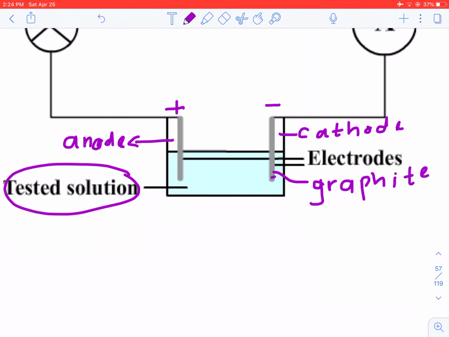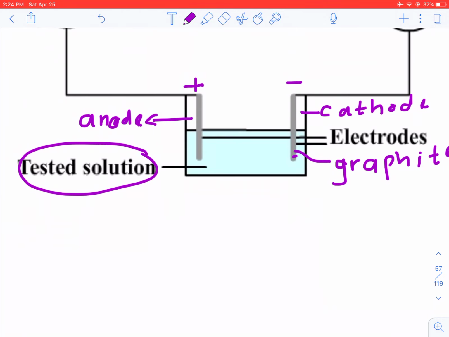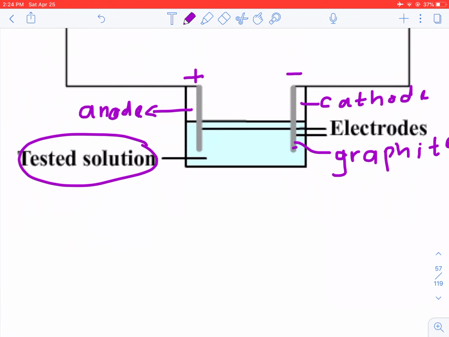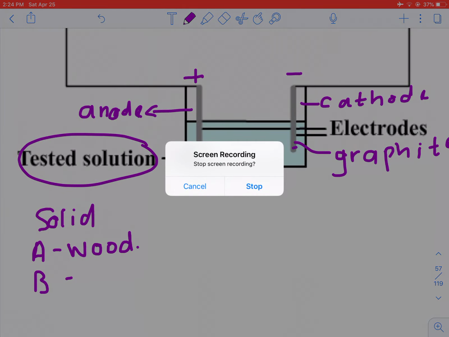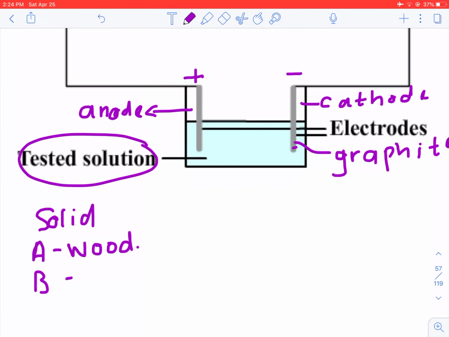Right, now let's say I'm looking at solids. Let's say A is wood, B could be a piece of string, and C could be copper wire.